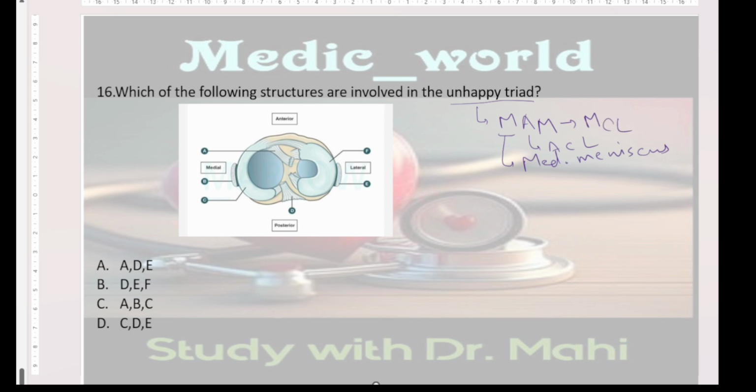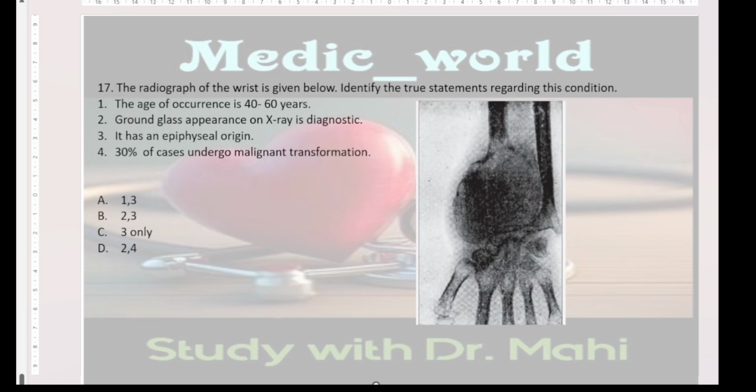Okay, so let's identify all of them. A is ACL, B is medial collateral ligament MCL, and C is medial meniscus. So the answer to this question is ABC, that is option C. Let's move towards the other question.